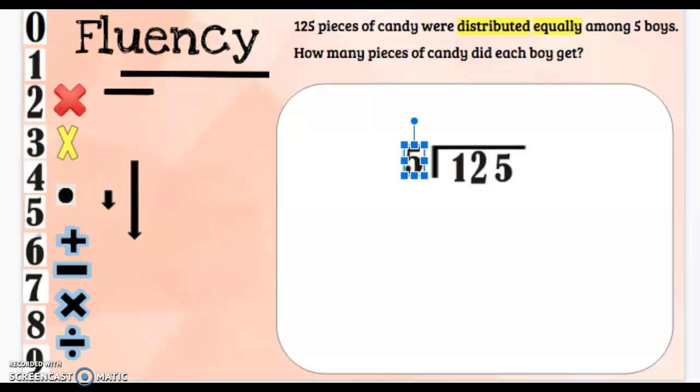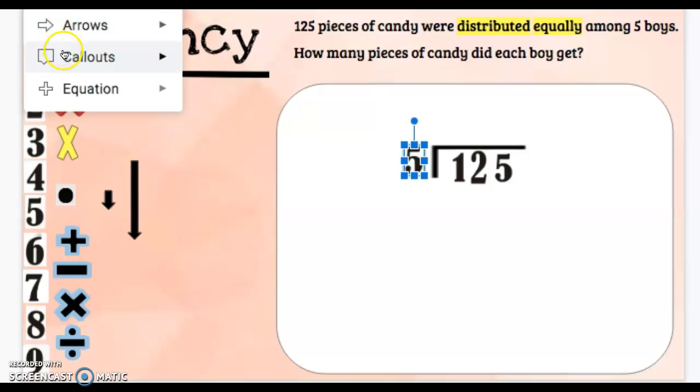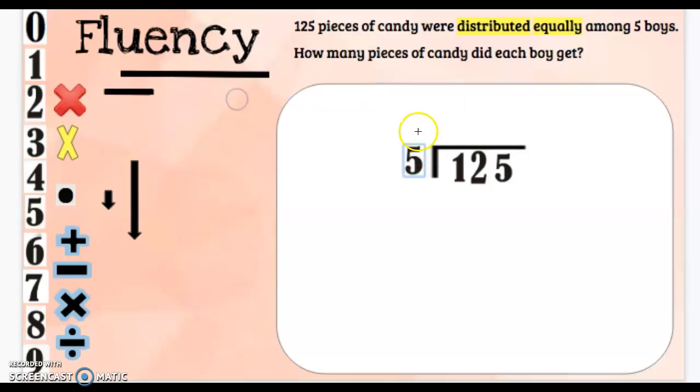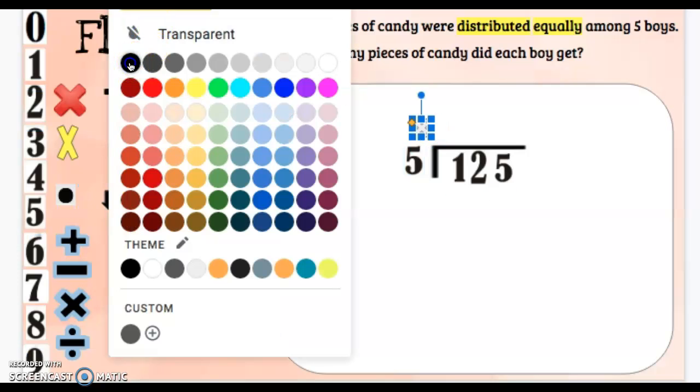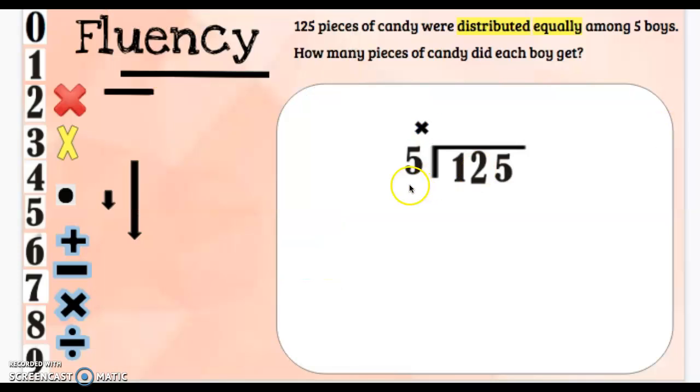Okay, and remember that we have that multiplication, because we're multiplying 5 times something that will get us close to the answer that's on the inside. So 5 times what is going to get me close to 1? 5 times 1 is 5, so that's too big.